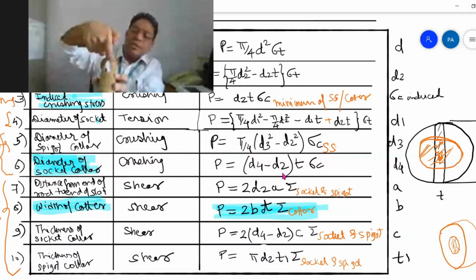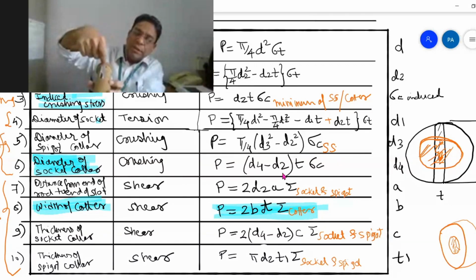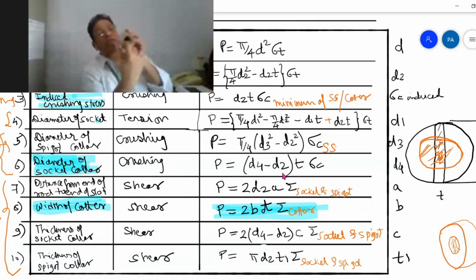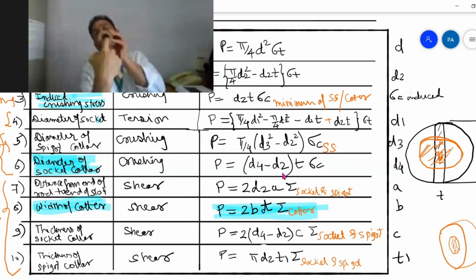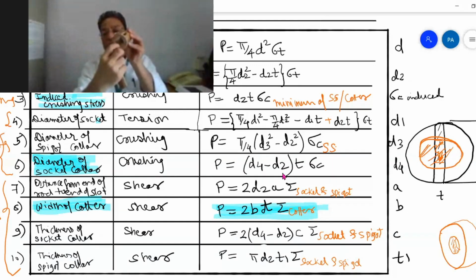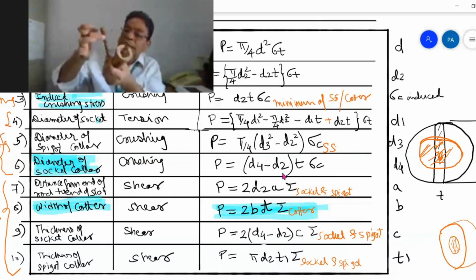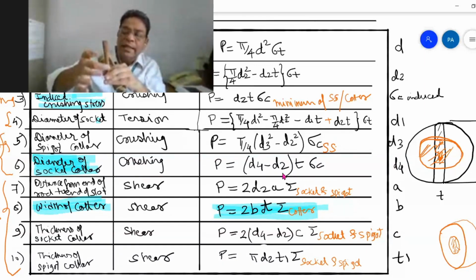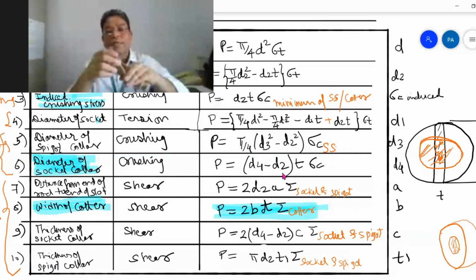Can you see this small portion, मतलब ये D1 है और ये D4 है. D2 और D4 के बीच का ये इतना पोर्शन और सेम नीचे का पोर्शन, उतना पोर्शन इसके साथ क्रशिंग होगा, यहाँ पर और यहाँ पर. That way we get that formula.